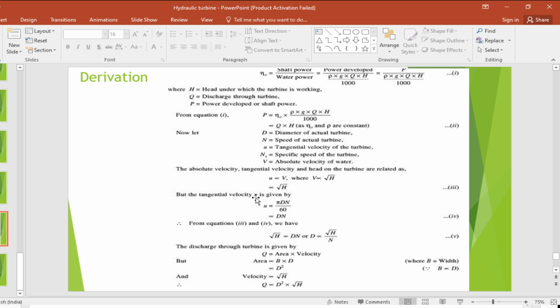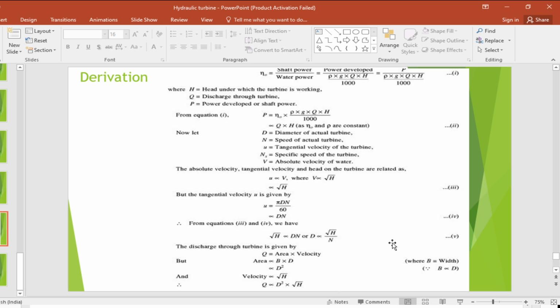Now the tangential velocity we can find out by using pi D N upon 60, so the tangential velocity is proportional to D into N. Now by using these equations we can directly write that root of H is directly proportional to D N, or D is directly proportional to root of H upon N. I hope you understood this. Very simple derivation.